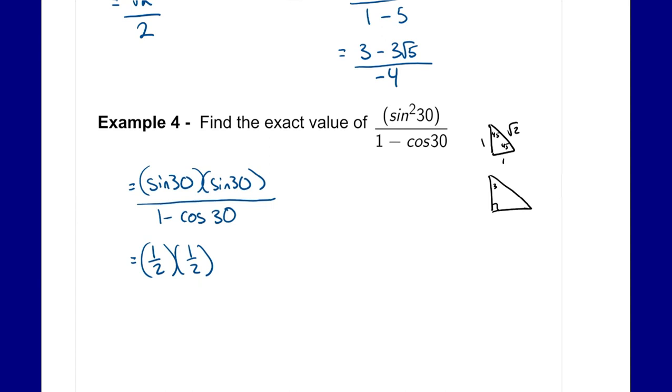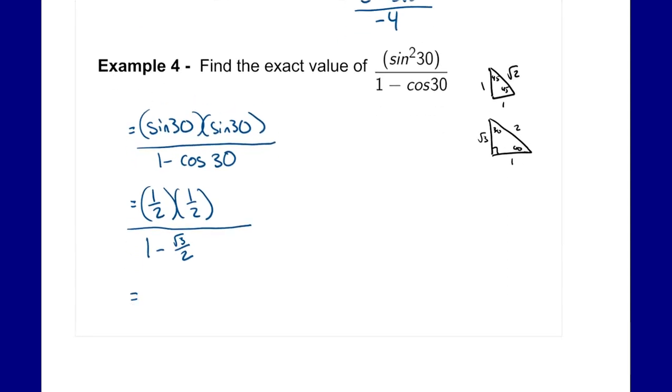And then we have 30, 60, 2, root 3, 1. So sine of 30 is 1/2, so 1/2 times 1/2 over 1 minus cosine 30. So cosine 30 is adjacent over hypotenuse, which is root 3 over 2.